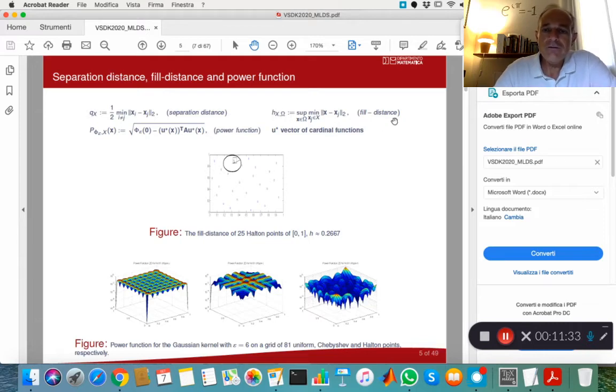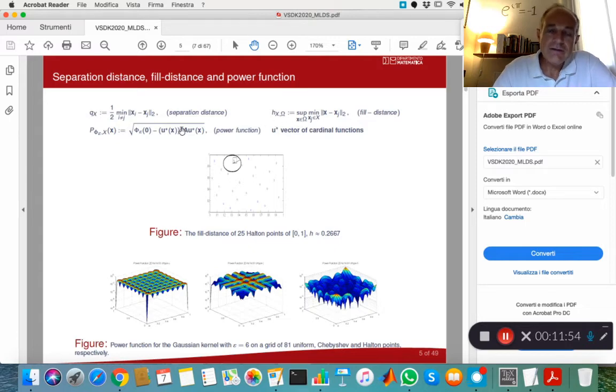On the other hand, for the so-called error analysis, we use the fill distance. Here you have a picture of the fill distance. What is the fill distance? Essentially it is the radius of the ball that you can inscribe in your domain that does not contain points, okay.